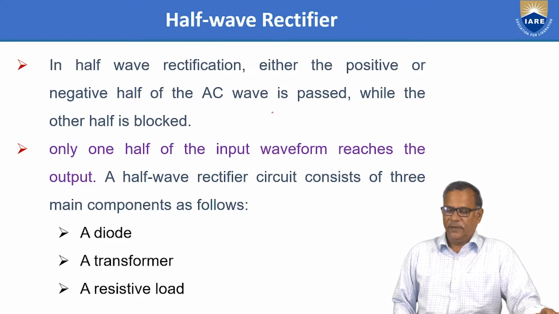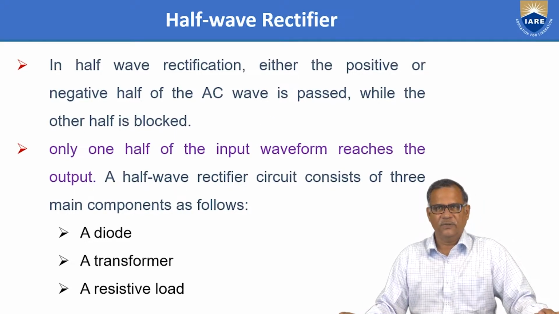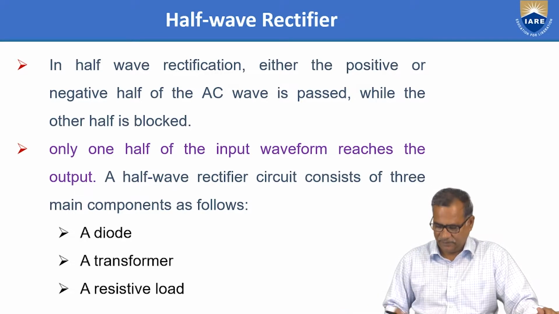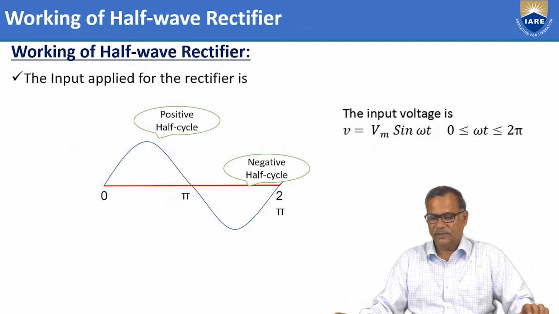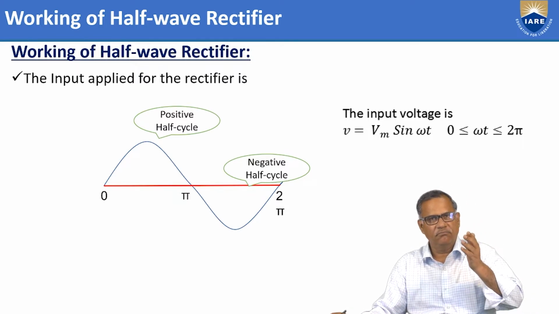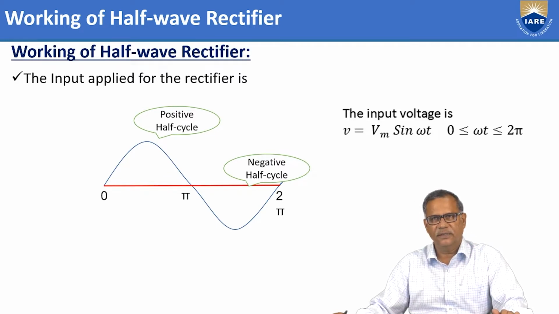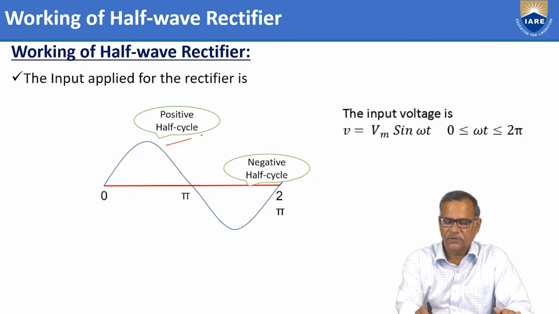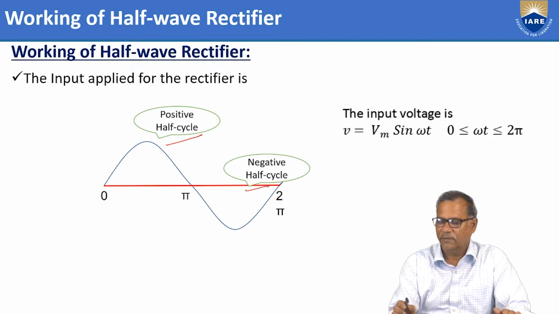So in half-wave rectification, as we discussed just now, either the positive or negative half of the AC wave is passed, while the other half is blocked. Now let us see the working of the half-wave rectifier. The input which is applied from the secondary coil of the transformer is a sine wave. There are two cycles, the positive half cycle and the negative half cycle.